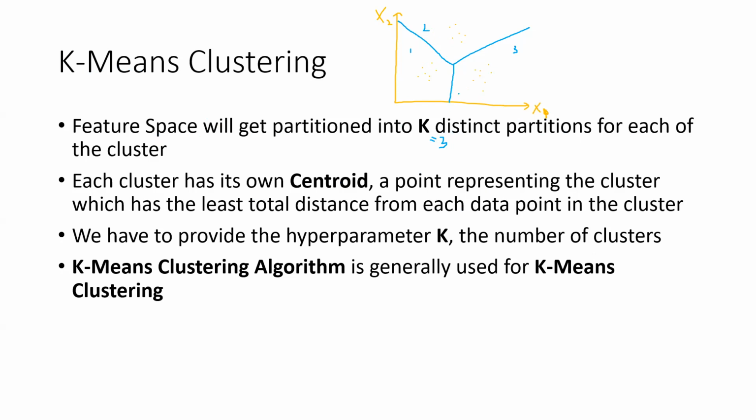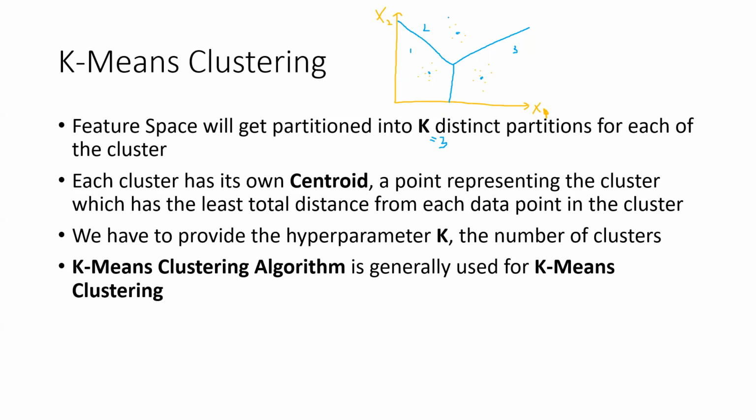For each of the clusters, you will have a point known as the centroid of the cluster, something like this, which is a representation for the whole cluster, right? Generally the centroid is selected so that it has the minimum total distance from the data points in that particular cluster.